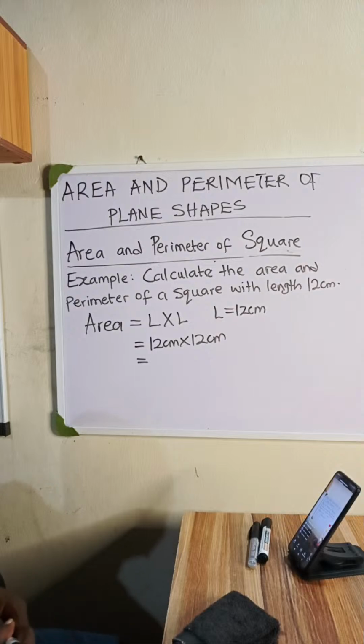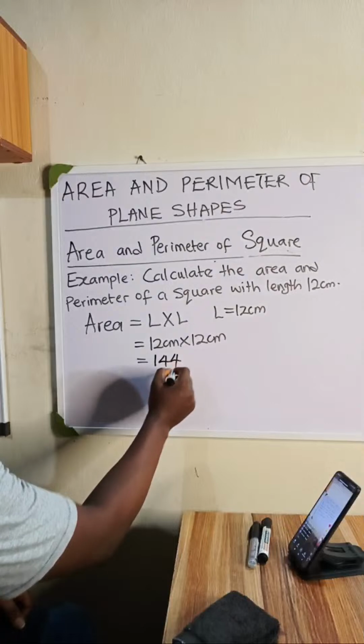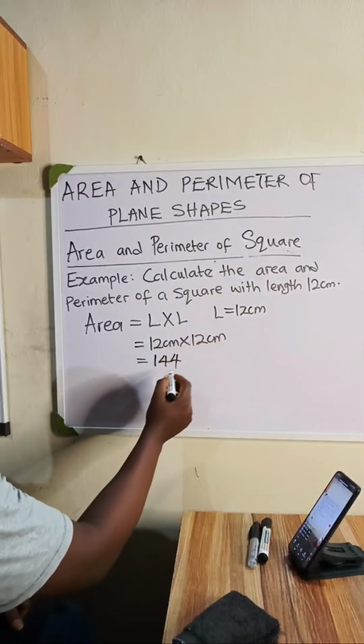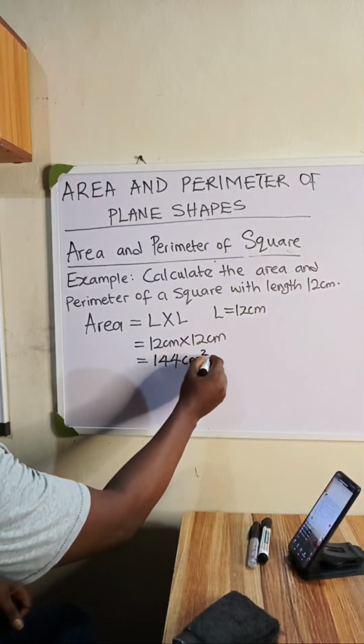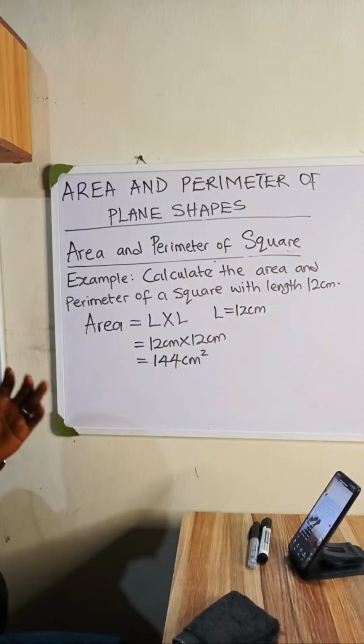So let me just go ahead and write the answer. 12 multiplied by 12 is 144. And centimeter multiplied by centimeter is centimeter squared. Okay. So now we've calculated the area of this square to be 144 centimeters squared. But how about the perimeter?